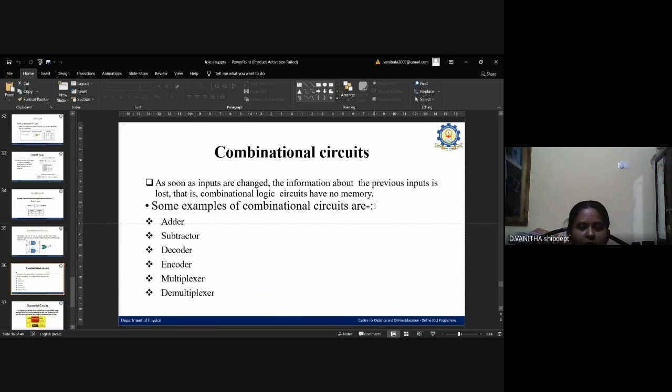So we take the conclusion that combinational logic circuits have no memory. Some examples of combinational circuits are adder, subtractor, decoder, encoder, multiplexer and demultiplexer.